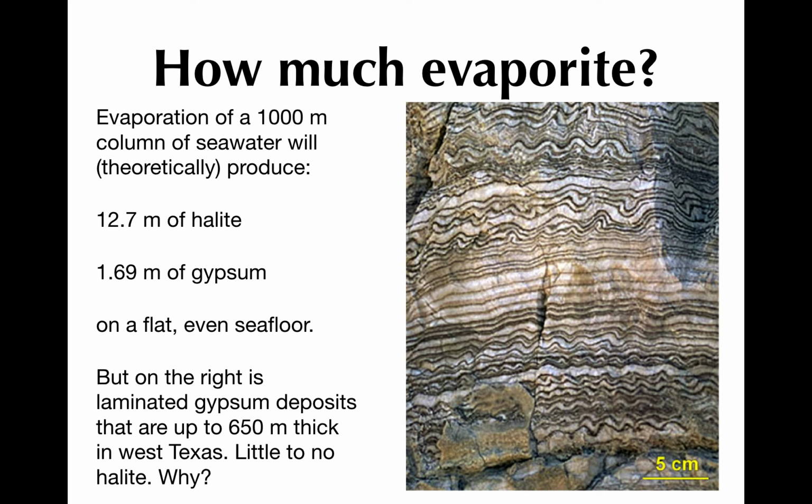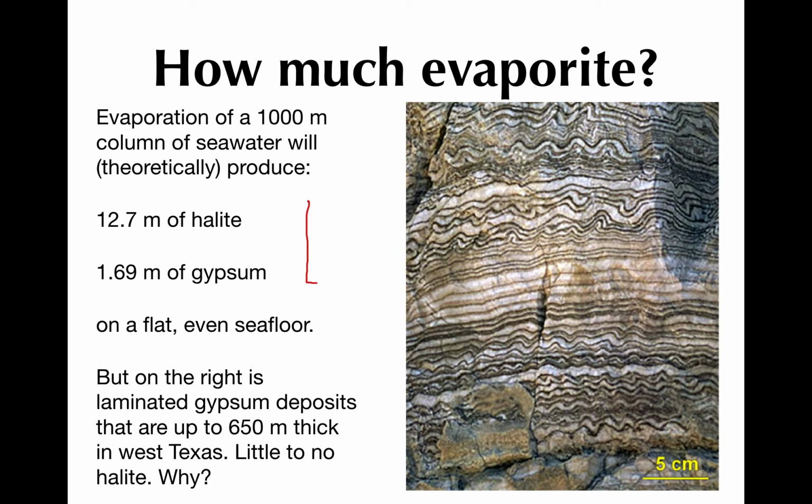Now, how thick are these deposits? Well, evaporation of a 1,000-meter deep column of seawater theoretically would produce about 12.5 meters of halite, about 1.7 meters of gypsum, on a flat, even seafloor.